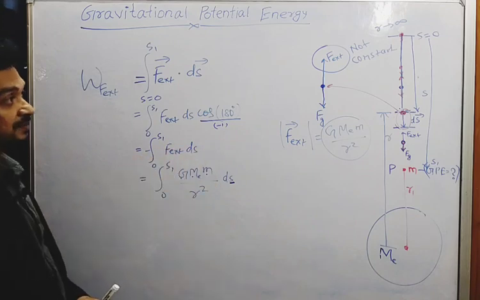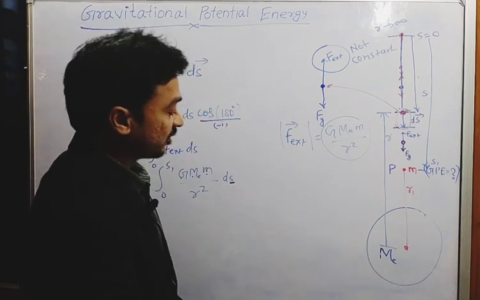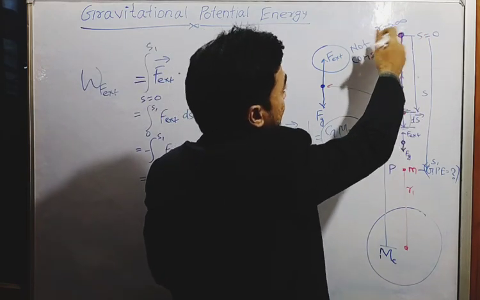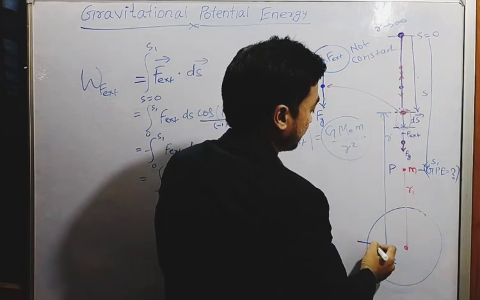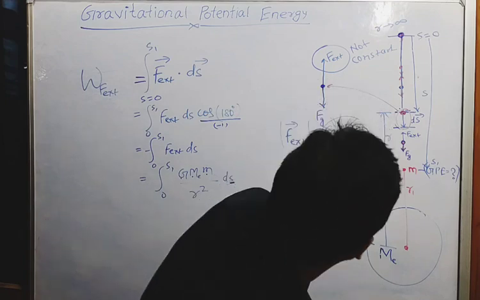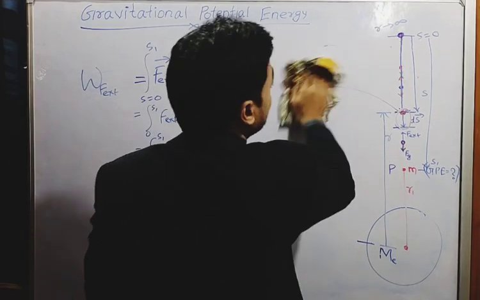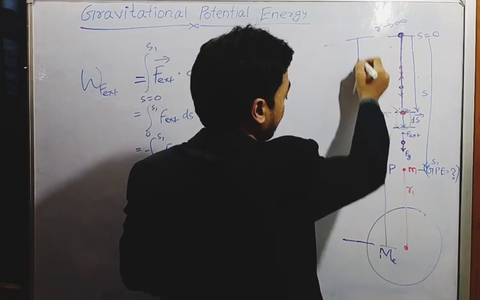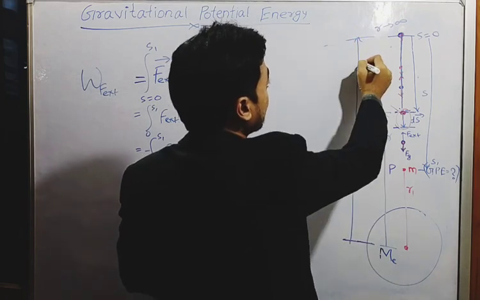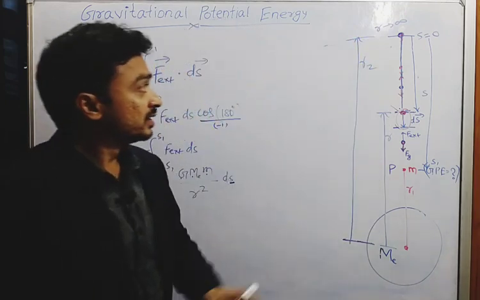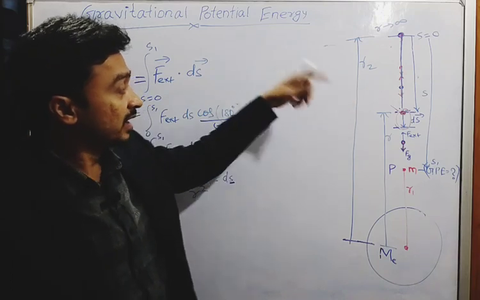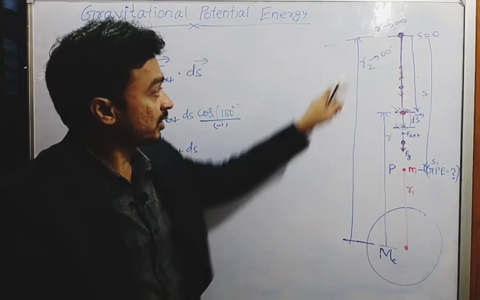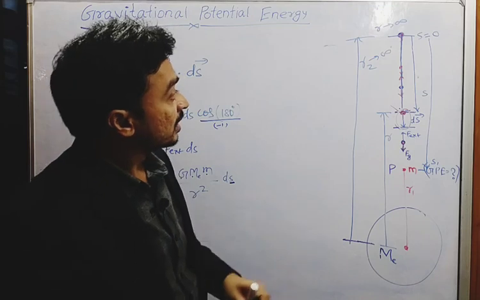Now let's see how to change. There is some kind of relation. When we started at this place, suppose this distance is r2 from earth. The distance of the starting point is r2. Just for simplification, I put it R2, and after that this R2 will tend to infinity. Okay, just from infinity to this point, right? R2.